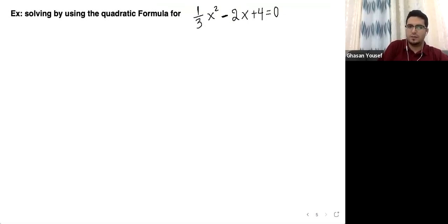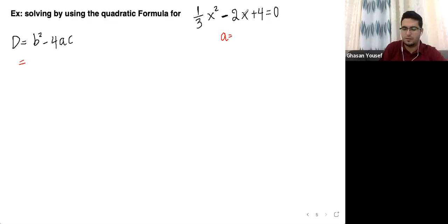So what I said before, when I use the quadratic formula, I should check the discriminant in the beginning. D equals b squared minus 4 times a times c. We'll do this one. First of all, what is a?